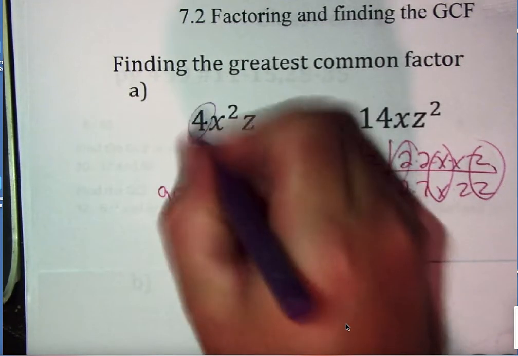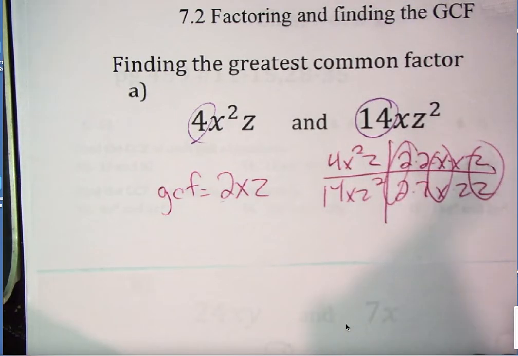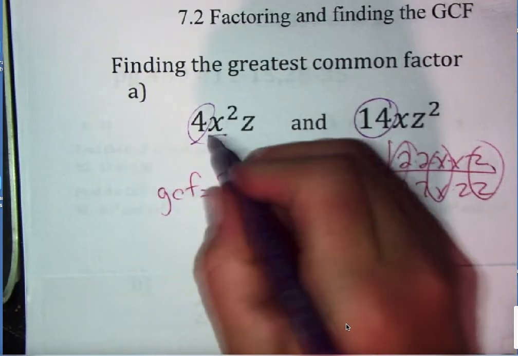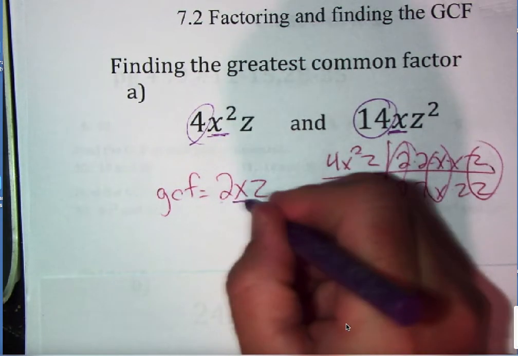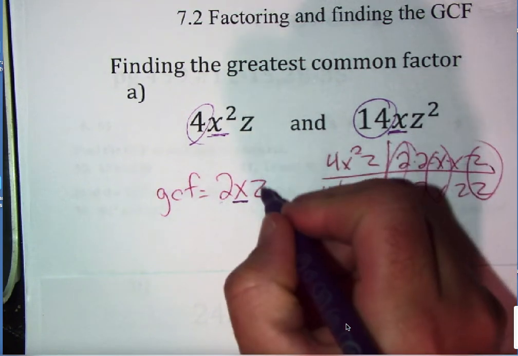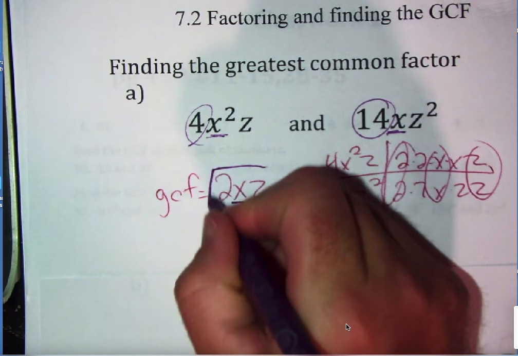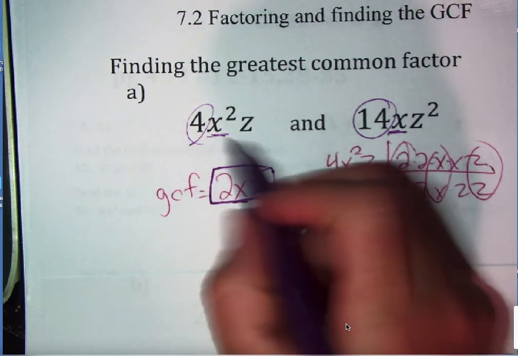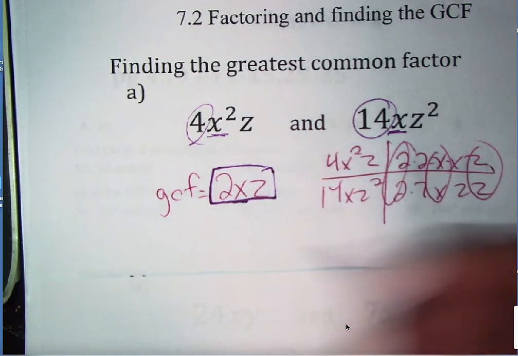The coefficients only have 2 in common. Now, this has x squared, this has x, so they have an x in common. This has z to the first, this has z to the second, so they have z. So yeah, we can kind of almost maybe shortcut it by thinking about all the factors without having to stretch it out.